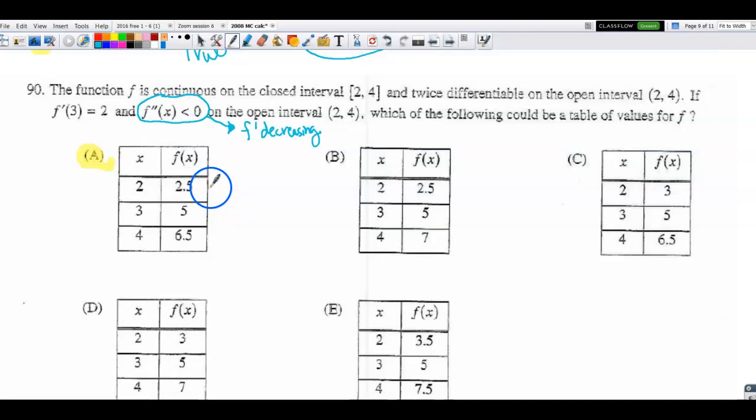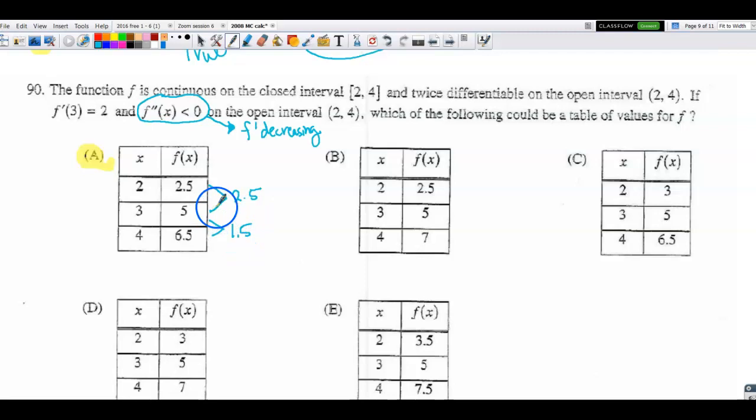All right, so if we find the slope from 5 to 2.5, 5 minus 2.5 is 2.5 divided by 3 minus 2, which is 1. So we get a slope of 2.5. And then 6.5 minus 0.5 gives me 1.5 over 1.